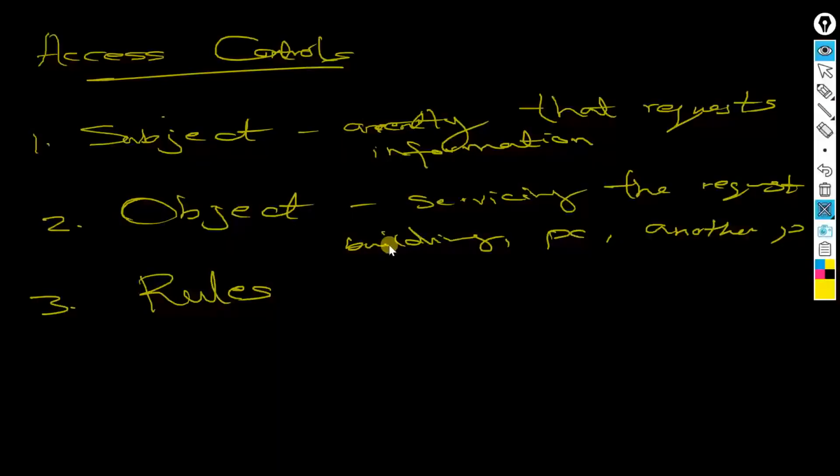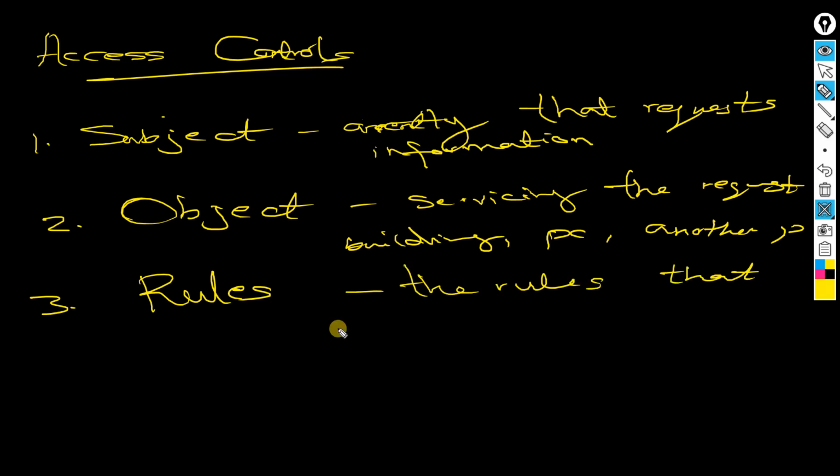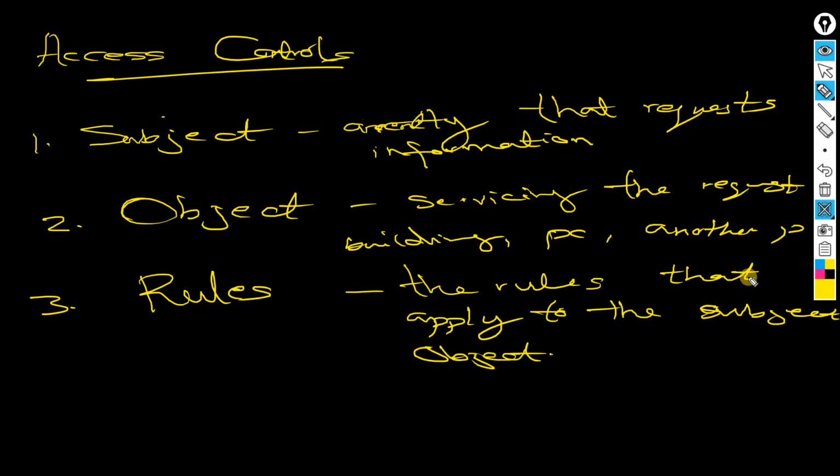And the rules are just basically, you know, the rules that apply to the subjects receiving the information or the object providing that information. That is basically what most of it is all about.